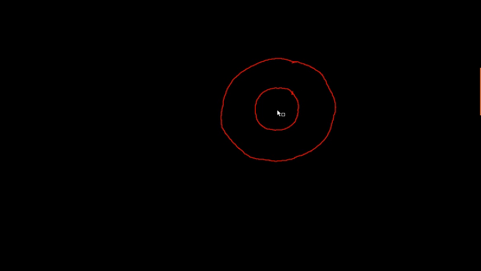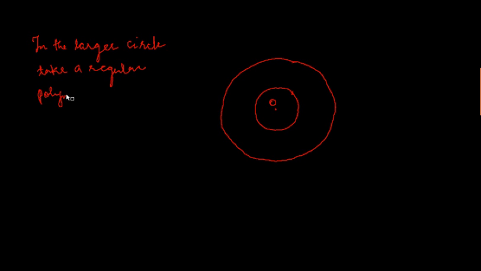Suppose these are concentric circles, and this is the center O. Now in the larger circle, take a regular polygon with n sides.